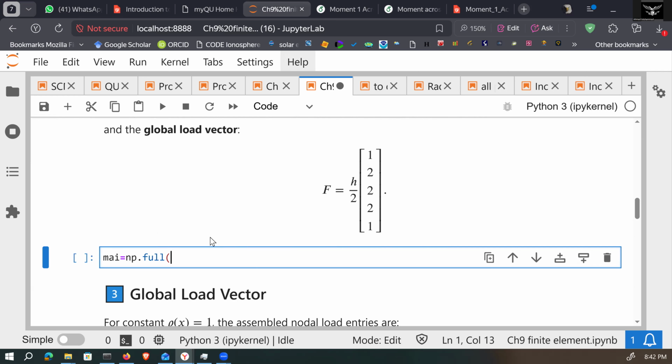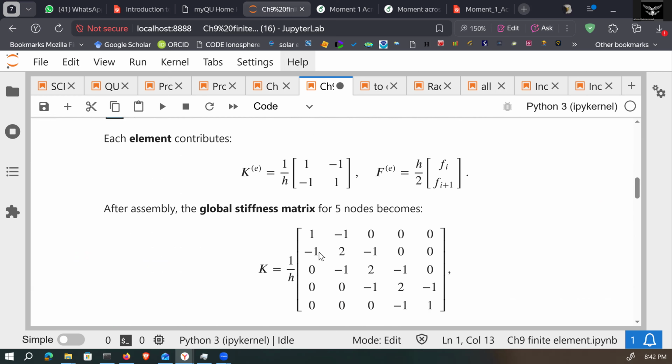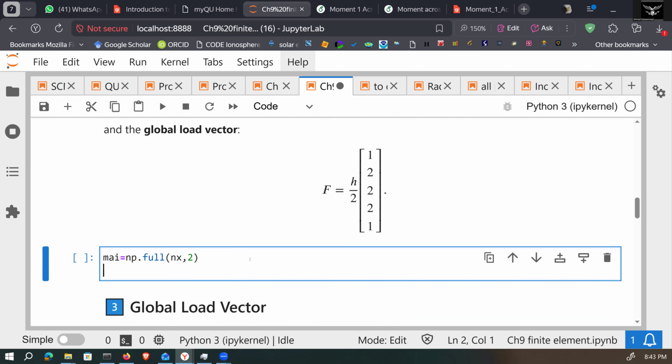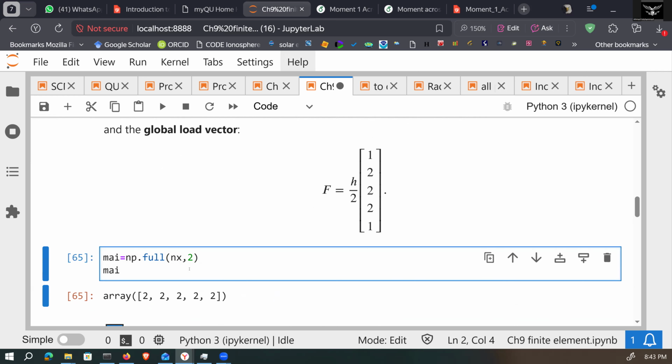I'm going to populate this full vector with 2's. Later, I'll change the first to be 1 and the last to be 1. So let's make it full, size nx. I'm going to add 2 to it. So what does main give me? Main gives you this matrix 1, 2, 3, 4, 5.